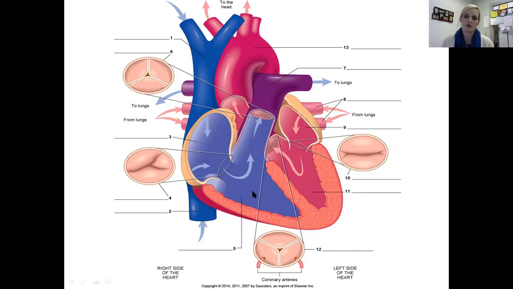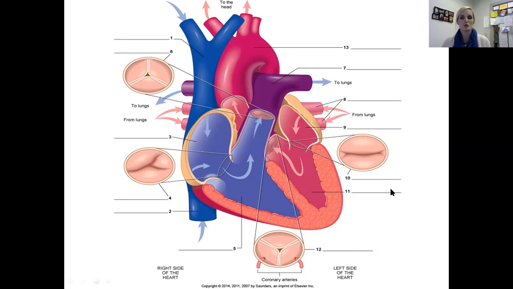Before I move a little bit further, I do want to point out to you, some people look at this picture and go, well, the right and left is backwards. What does that mean? If you remember when we discussed this on day 1, when we were talking about those abdominopelvic regions, we were looking at the person who is facing us, and specifically looking at their right and left side. That's exactly what's happening here on the heart.